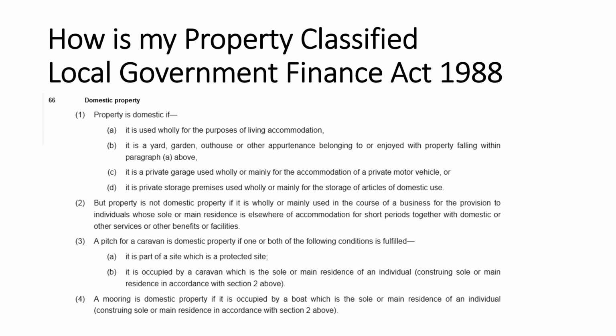A is part of a site where it is a protected site, or B is occupied by a caravan which is the sole or main residence of an individual, determined in accordance with section 2 above. So again, this goes back to the private property thing I mentioned in the previous slide. And then it says under number 4, is the mooring domestic property: occupied by a boat that is the sole or main residence of an individual. So even if you have a boat that you live on, perhaps a sailboat or whatnot, again it's your main residence and therefore it's non-taxable. And this is under section 66 of the Local Government Finance Act.